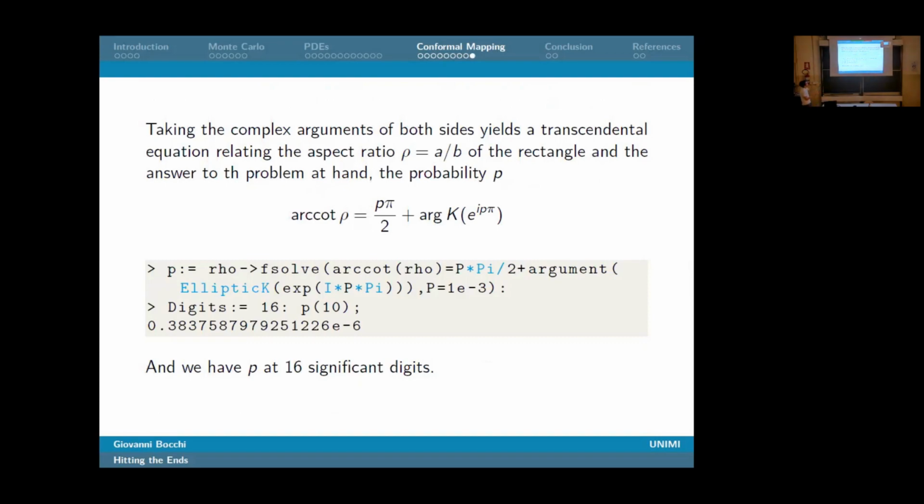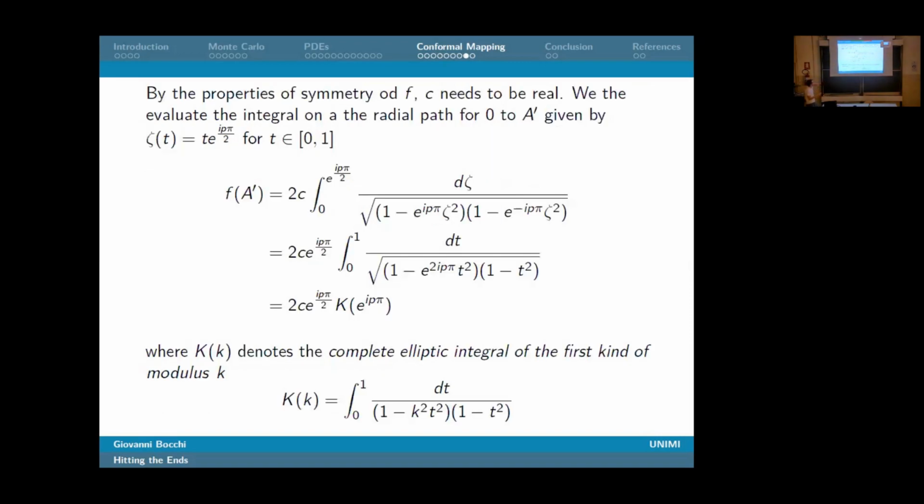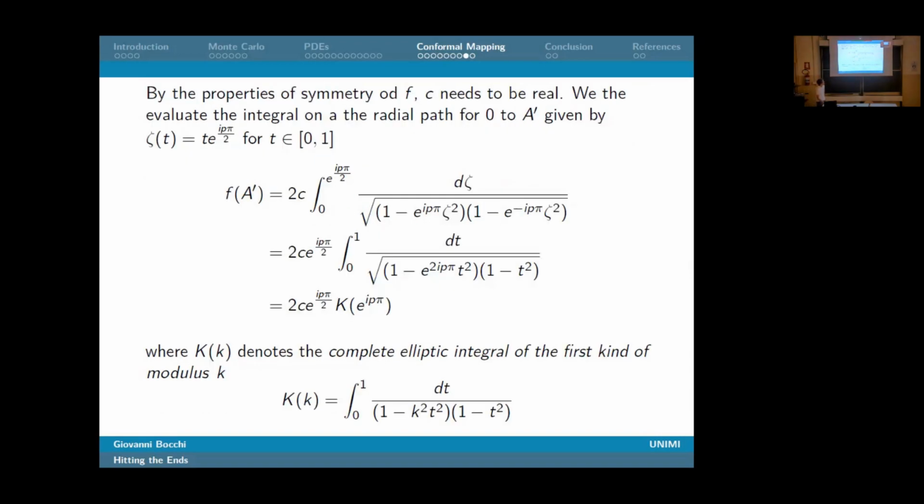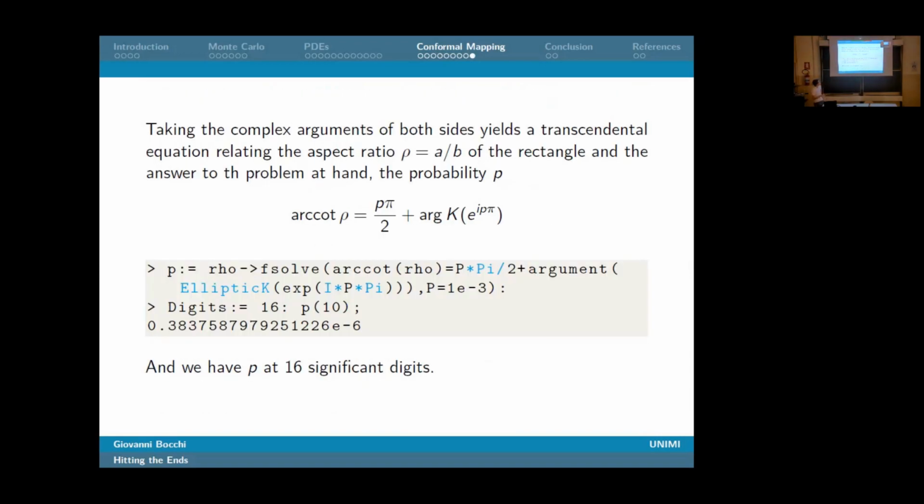The arccotangent of the aspect ratio should be equal to the argument of this first term, which is exactly p pi over 2, as we have here, and then we add the argument of that complete elliptic integral. Here we have a transcendental equation for both p and the aspect ratio, essentially, and we could use another software, which is Maple, to solve this equation, or also Mathematica.